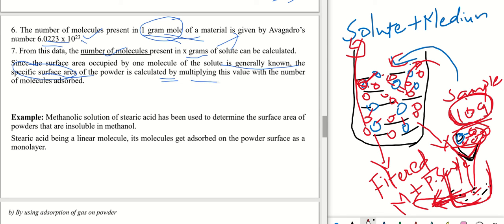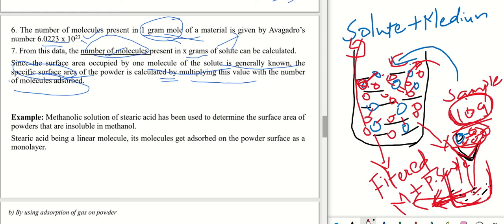By multiplying this value with the number of molecules adsorbed. So, the number of molecules adsorbed in x grams into the surface area occupied by one molecule of the solute. That is how we will be able to know the specific surface area.